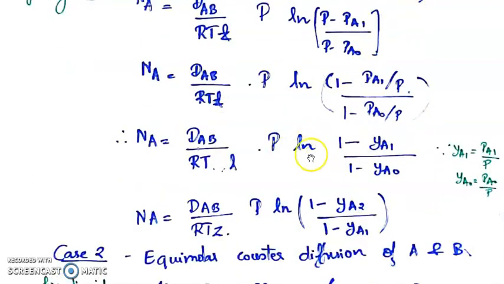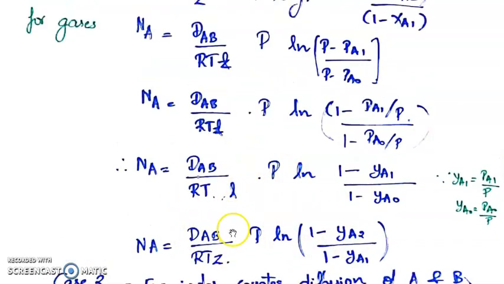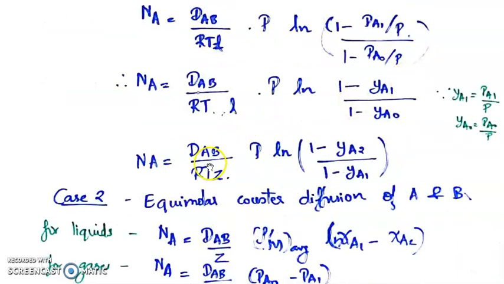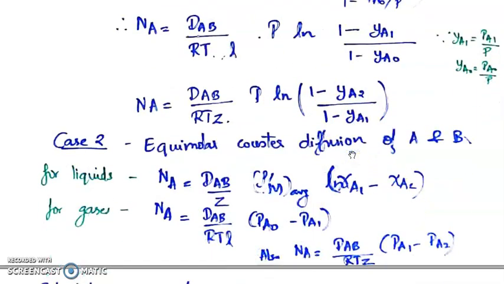To avoid confusion, I am going to represent the component similar to this equation, because here we use the distance traveled as Z and locations as 1 and 2. Then we can write Na is equal to DAB by RTZ P ln of 1 minus YA2 by 1 minus YA1. Remember, here the diffusion is taking place from 1 to 2. So YA1 will always be greater than YA2.